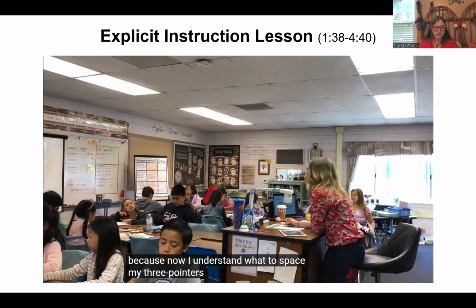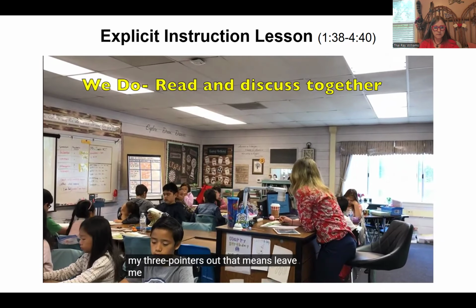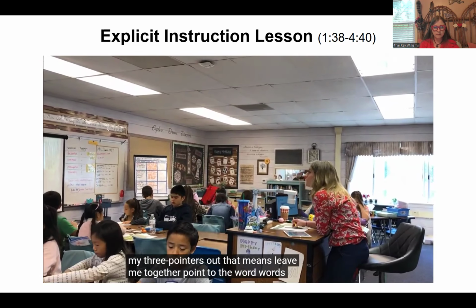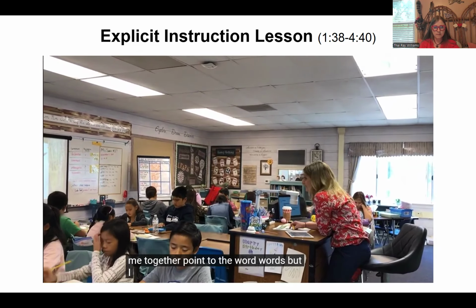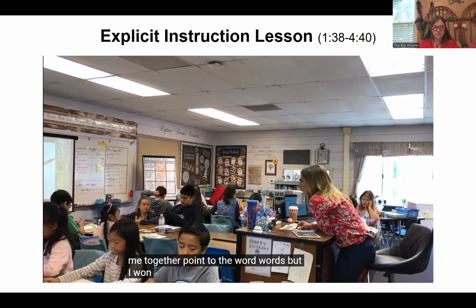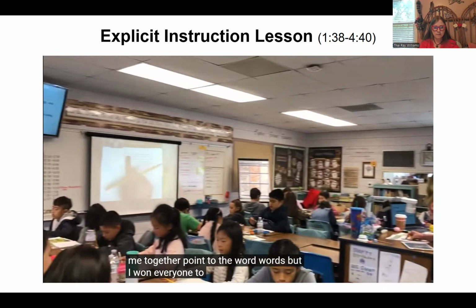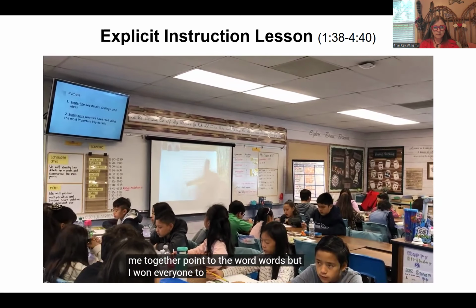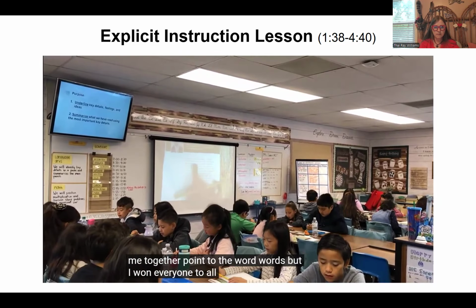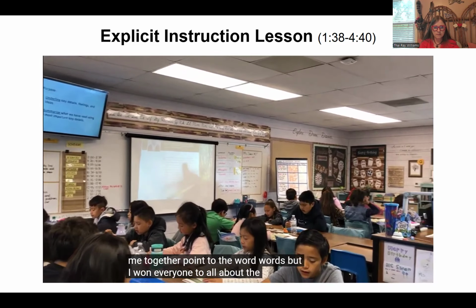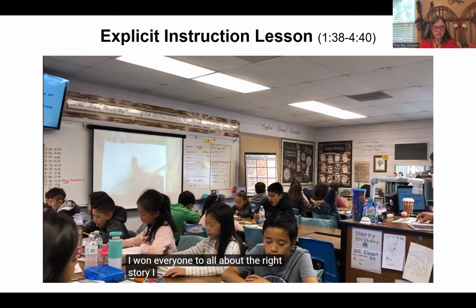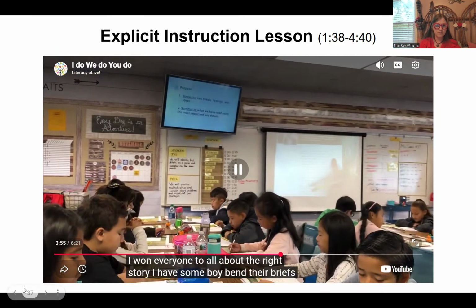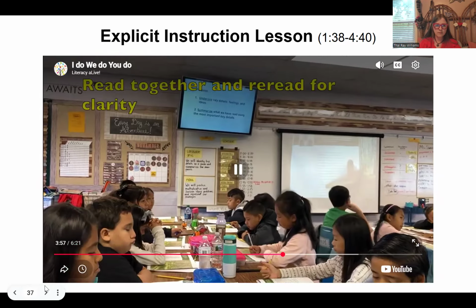Carlos, my green pointer is out. That means we read together. Point to the words. 1, everyone, 2, 3. "But I was going to say, when truth broke in, with all her matter of fact about the ice storm, I should prefer to have some boy bend them." Freeze. Let me read that one more time.